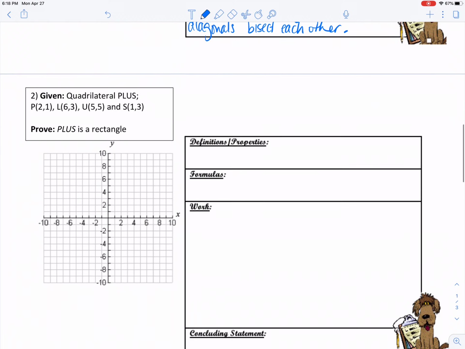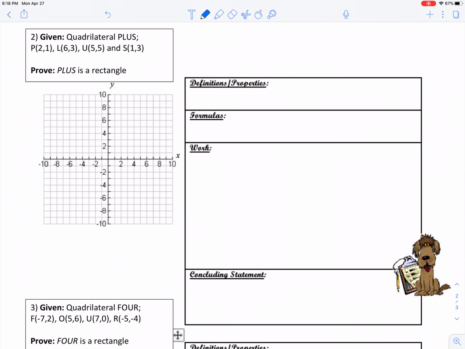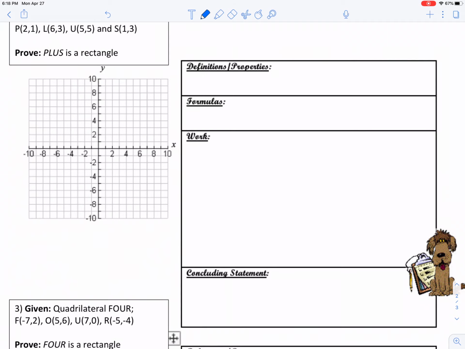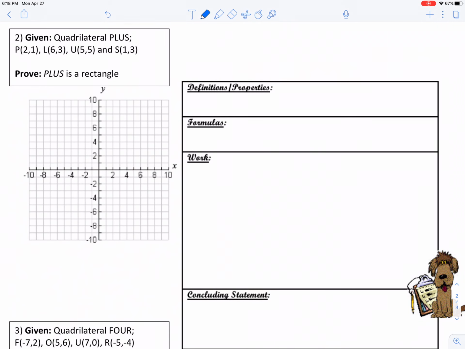Okay. Number 2, we are not only proving that it's a parallelogram, now we want to prove that the quadrilateral is a rectangle.